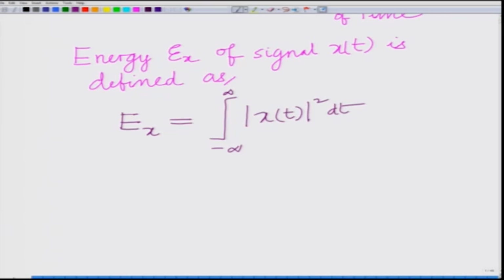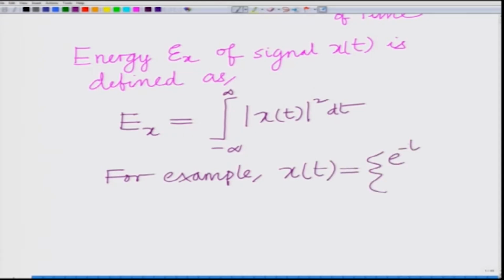Alright. For example, consider x(t) equals e to the power of minus t for t greater than or equal to 0, and 0 for t less than 0.